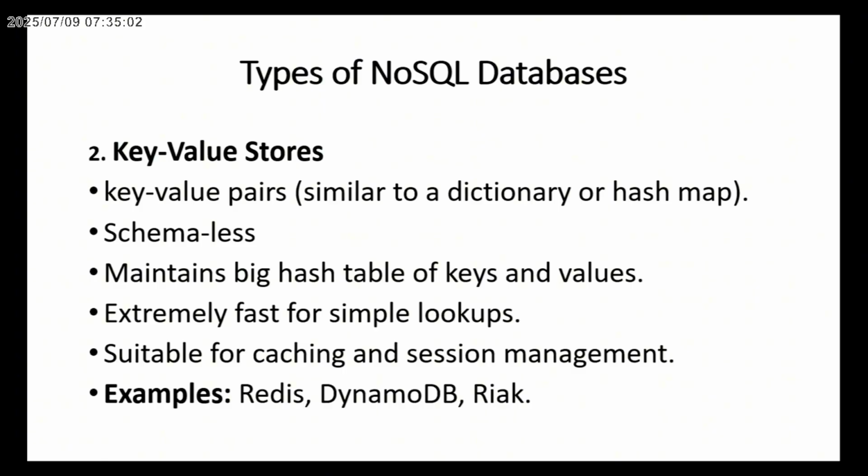This also supports schemaless, and it maintains a big hash table of keys and values in order to store and retrieve information very fast. This is extremely fast for simple lookups because this key value concept, the hash concept, is very fast to retrieve information. This data model is suitable for caching and session management. The software which supports this key value data model are Redis, DynamoDB and Riak.